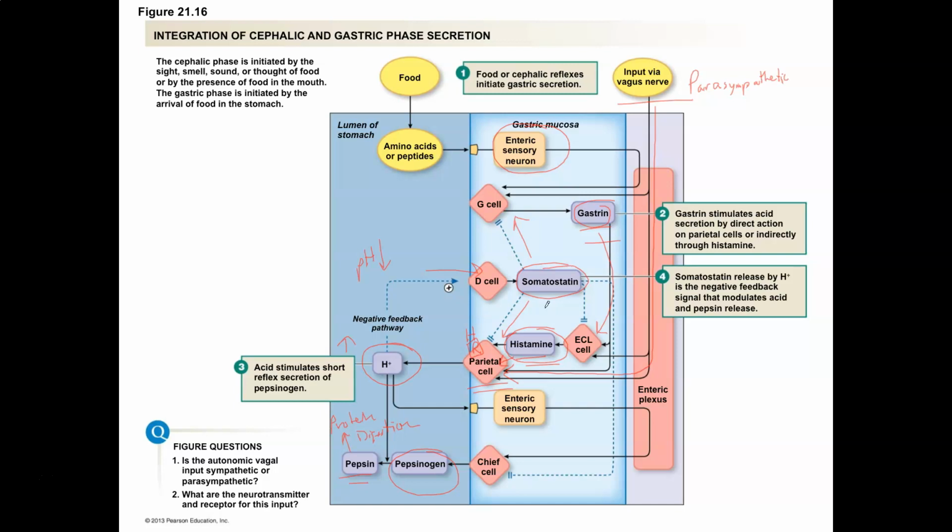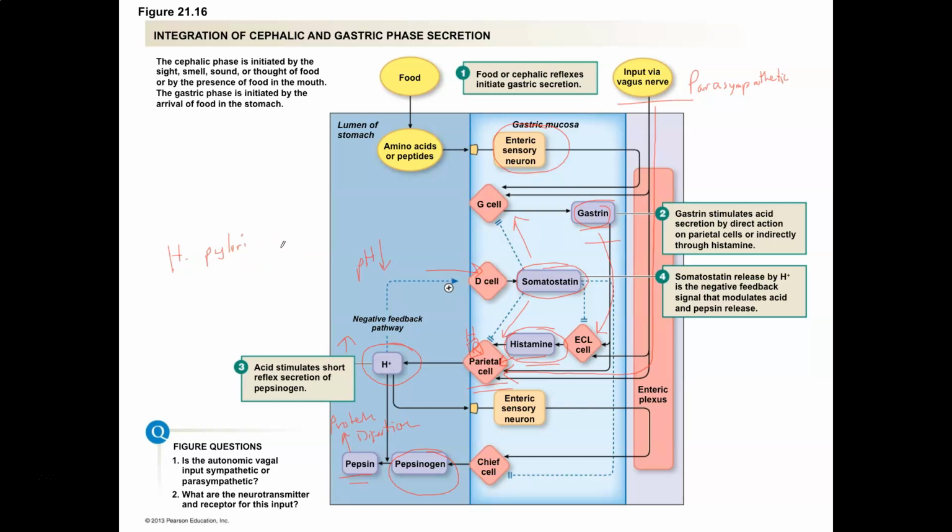Some of our peptic ulcers or duodenal ulcers are caused by bacteria presence. It's called Helicobacter pylori, H. pylori for short. H. pylori is a cause for a lot of ulcers that occur in the digestive system.